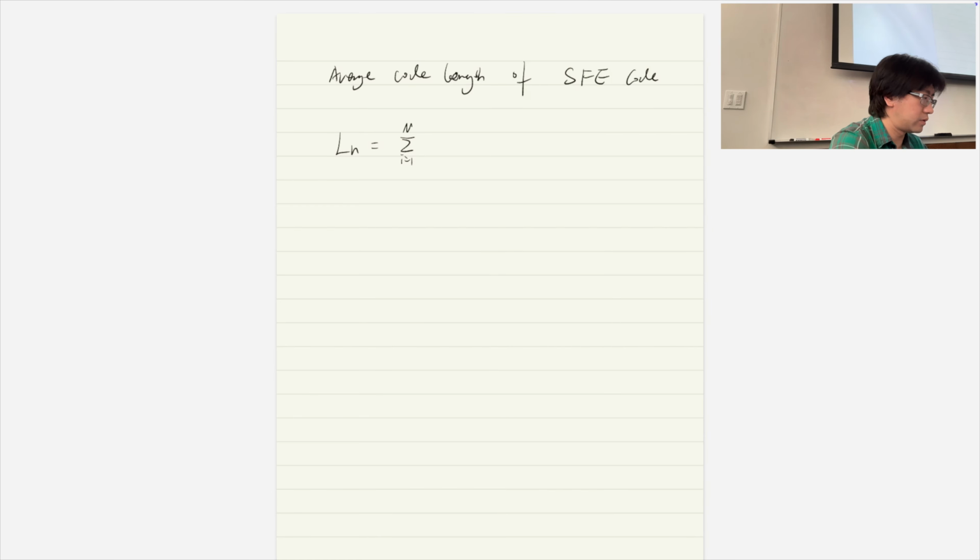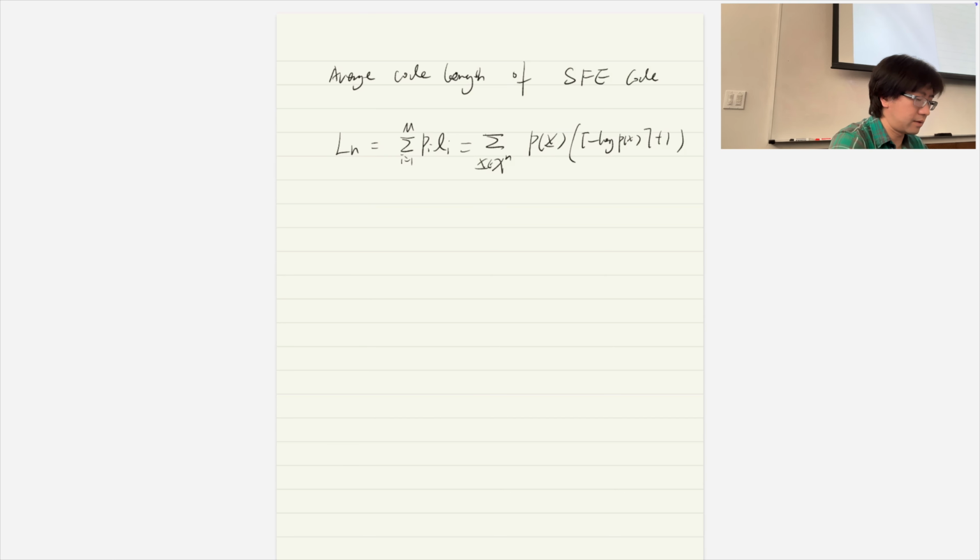Okay, great. Now let's characterize the average length of this code, the Shannon-Fano-Elias code. As usual, our computation is the sum from 1 to n of pi times li, which equals the summation over all x of p(x) times the code length, which is ceiling of log 1 over p(x), plus 1.